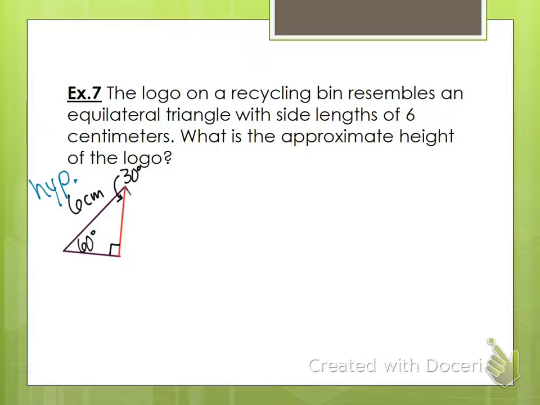And which side are we looking for if we're trying to find the height or that altitude? The altitude is the short side? We don't really have a short side, it's 6, so it'd be 3, right? That's 3 centimeters. Yes, this is going to end up being 3, but I was asking which one are we trying to find? We're trying to find the long side.